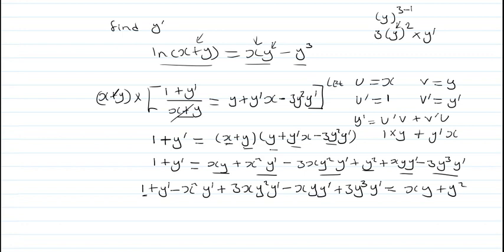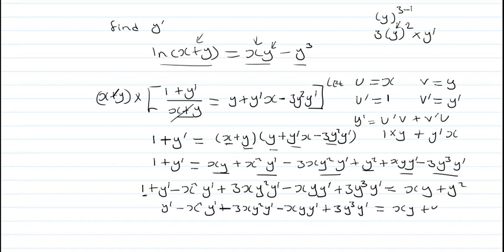We're going to have y prime minus x squared y prime plus 3x y squared y prime minus x y y prime plus 3y power 3 y prime, which is equal to x y plus y squared minus 1.